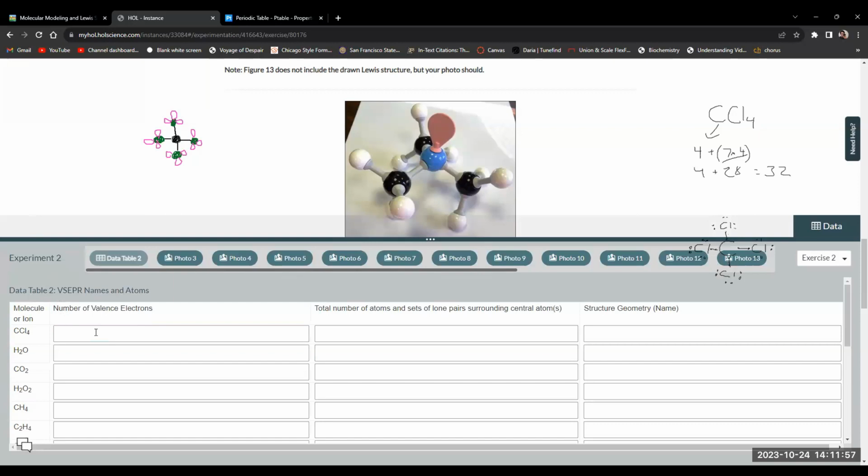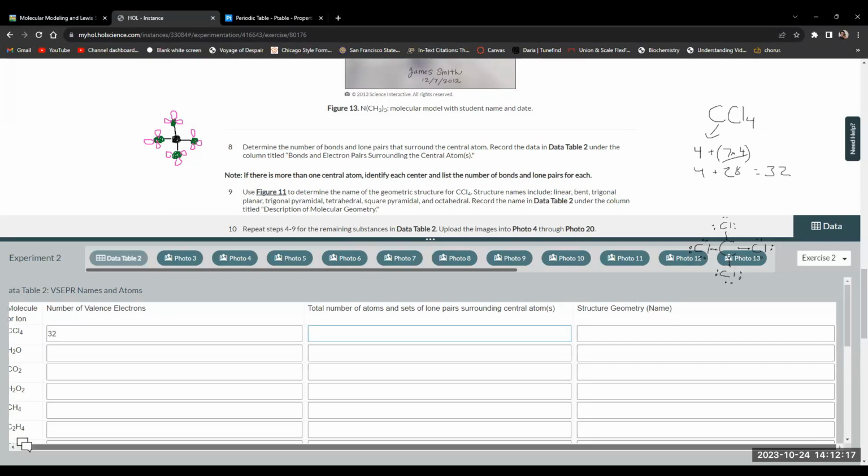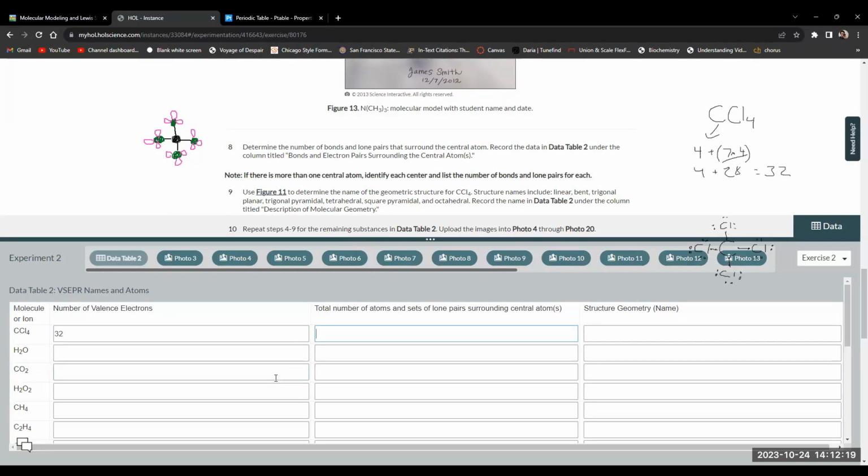Okay. So number of valence electrons, like we counted in the beginning, should be 32. Number of total number of atoms and set of lone pairs surrounding central atoms. How would they word it like that? Yeah, that's a weird way to word it, but fine, whatever.